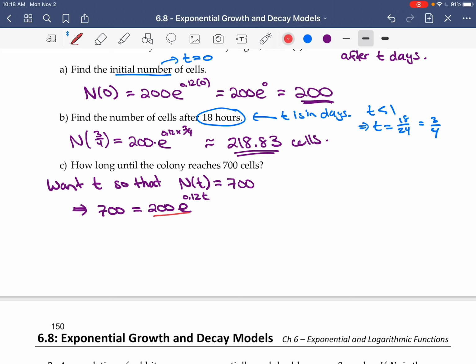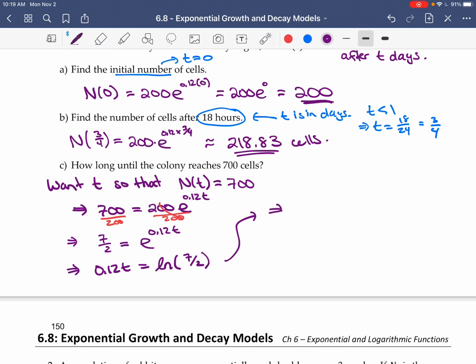We divide both sides by 200 to get the e by itself. 700 over 200 is 7 over 2, and that's e to the 0.12 t. Taking the ln of both sides, 0.12 t is equal to ln of 7 over 2, which means t is ln of 7 over 2 divided by 0.12, which is approximately 10.44.